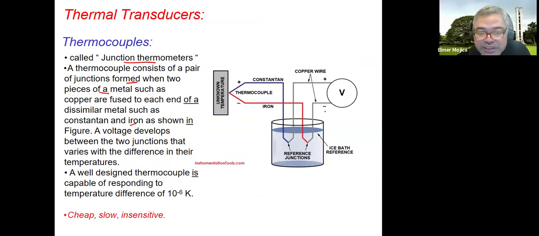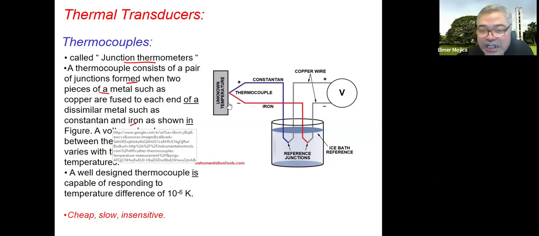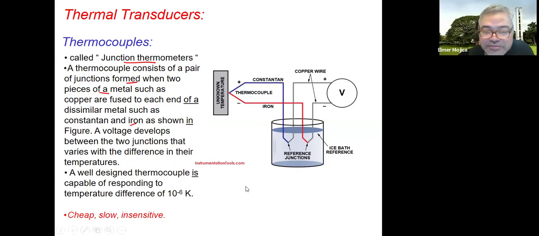So you have a copper here, positive, negative, and then you match it with the iron. Okay, so there's a voltage that develops. Remember the junction, the difference in the potential. Okay, so a well-designed thermocouple is capable of responding to a temperature difference of 10 to the negative 6. The problem with thermocouples, they're cheap, slow, and insensitive.